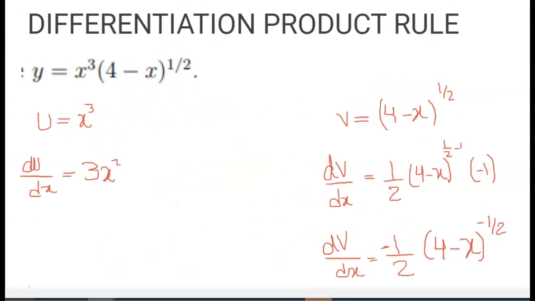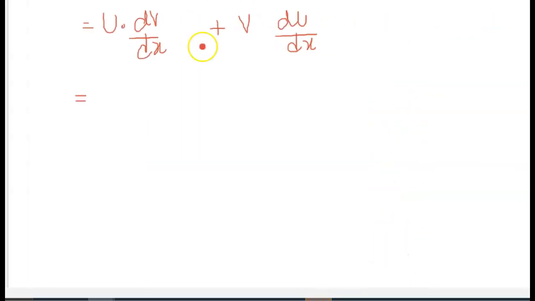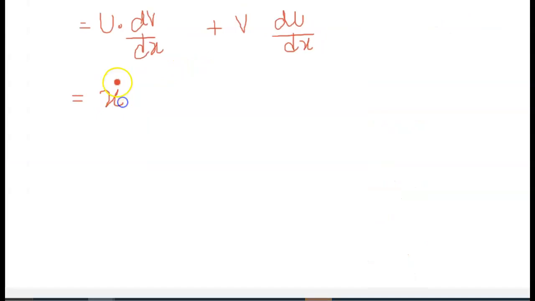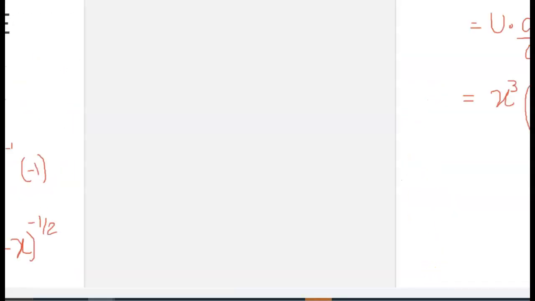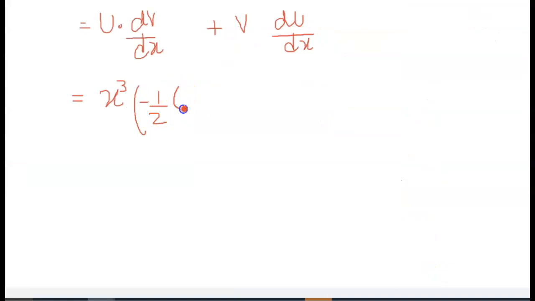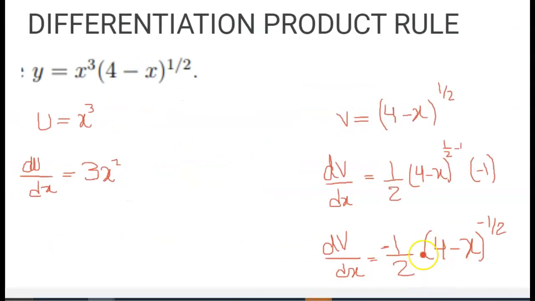The value for u is x cubed, so the x cubed is here. The value for dv over dx is minus half, (4 minus x) to the power minus half. Here, this is minus half, where there was a half which came out as the power.